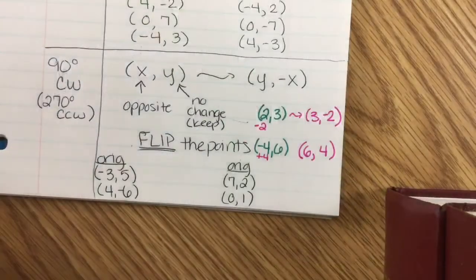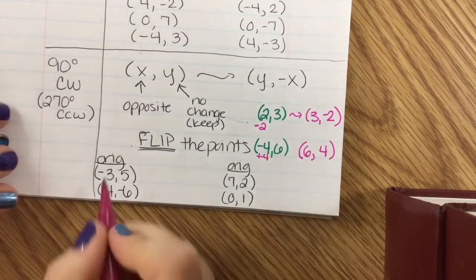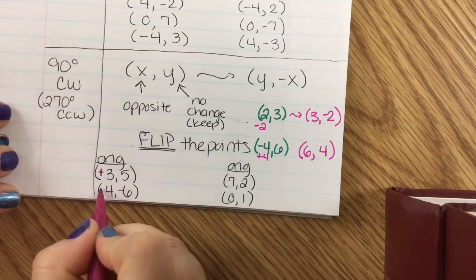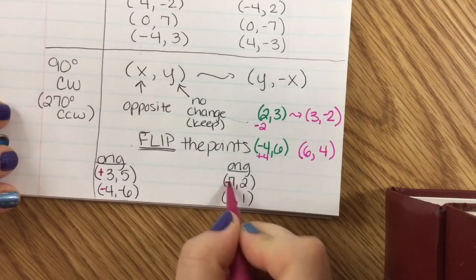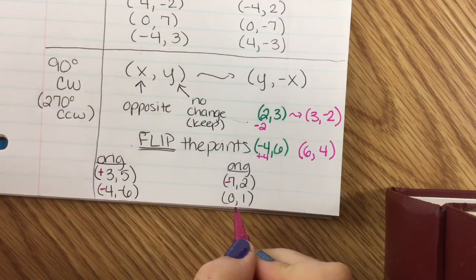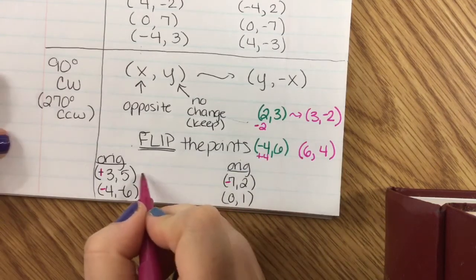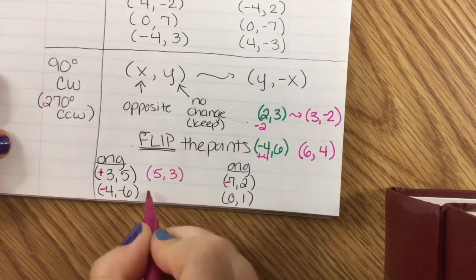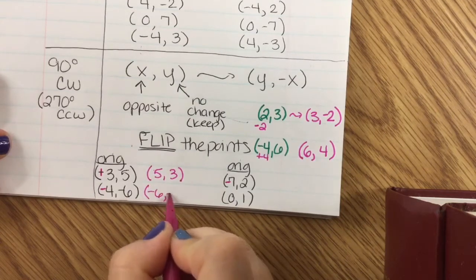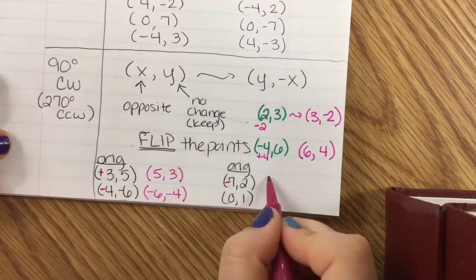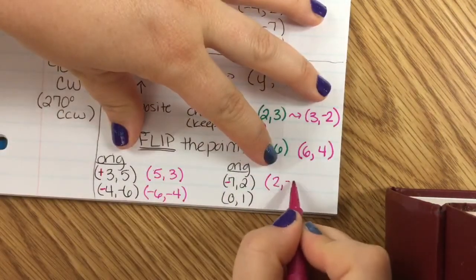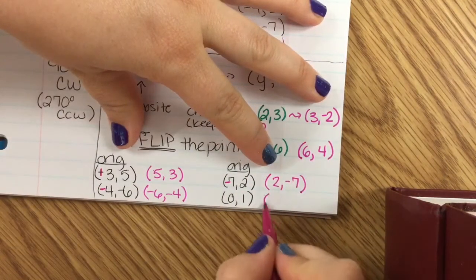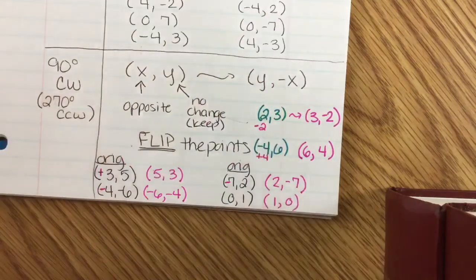Okay, so let's check the answers. Let's keep in mind we're going to change each of the x's to its opposite. Now 0 doesn't change to an opposite because 0 is just 0. And then we're going to flip around. So we have 5, 3, -6, -4, 2, -7, and 1, 0.